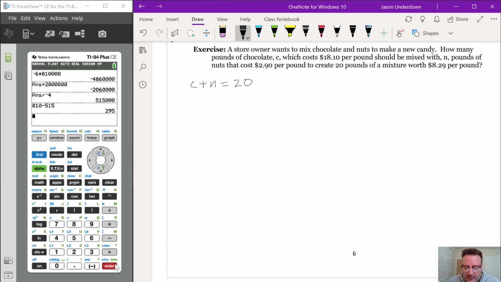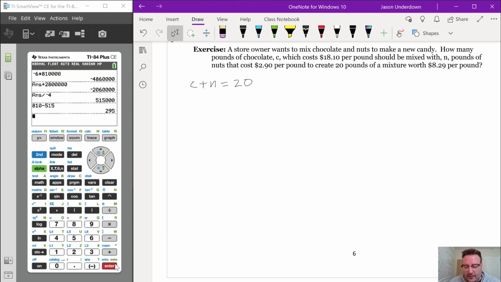Now, the next equation, what should it be? Well, let's look at these numbers. So the chocolate costs $18.10 per pound. So if I multiply the C times 18.10, that's going to give me the cost for the chocolate.